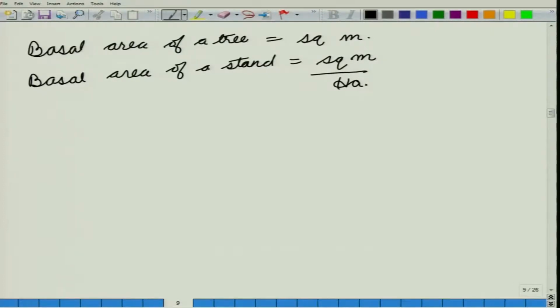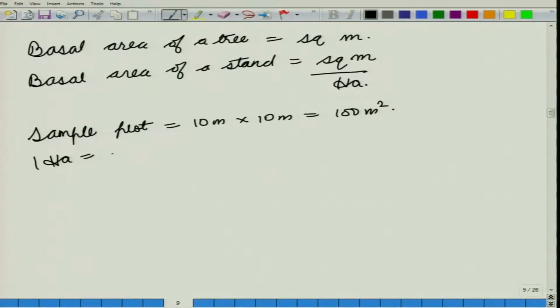Now, in our question we are given that the sample plot is 10 meters by 10 meters, which is 100 square meters. One hectare is defined as 100 meters by 100 meters, which is 10,000 square meters.